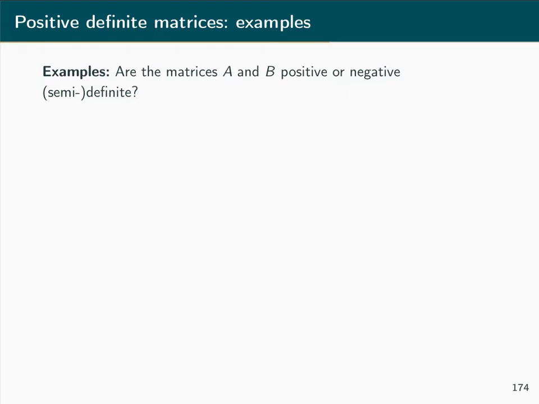Now, let's look at two examples of matrices A and B and ask ourselves whether or not they are positive or negative, semi-definite or definite. First, the matrix A is given by this 2 by 2 matrix, and in order to find out whether or not A is positive or negative, definite or semi-definite, the first thing we have to examine is whether A is Hermitian.